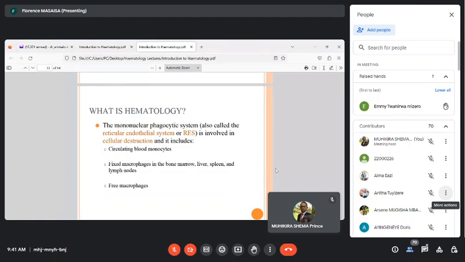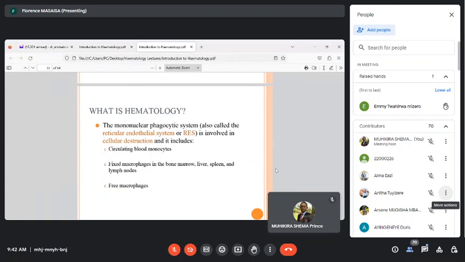Bone marrow. So bone marrow, what else? The liver. The liver, next. Spleen. Spleen, what else? Peripheral blood. No, I'm saying the blood production, proliferation, or destruction.